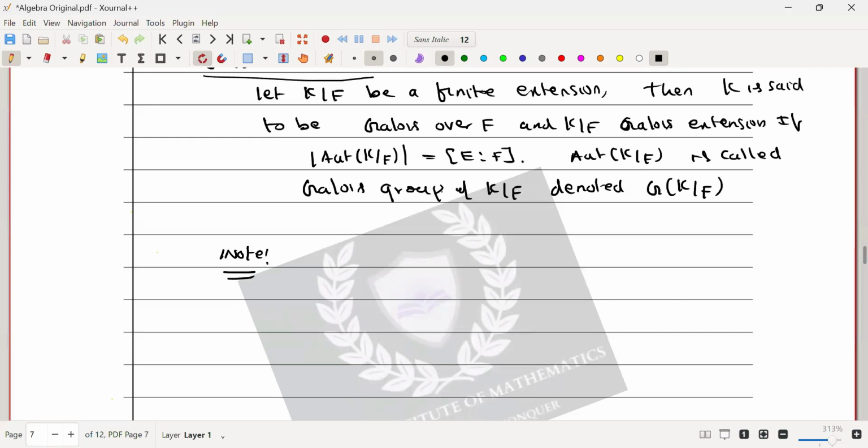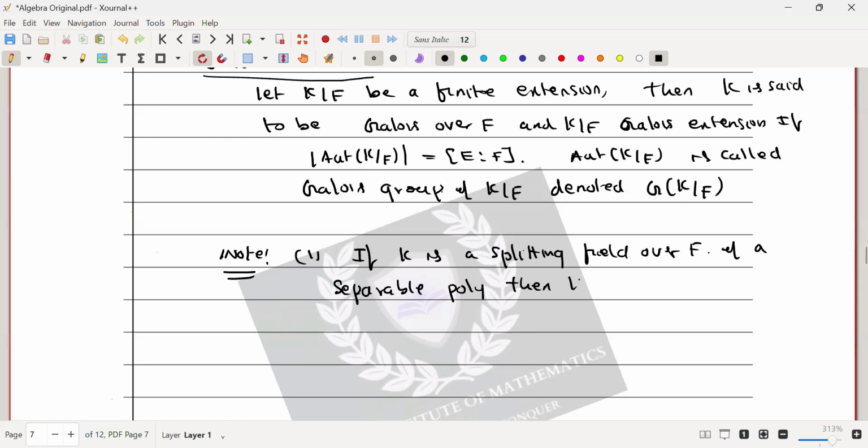If K is a splitting field over F of a separable polynomial, then K over F is Galois. Why?